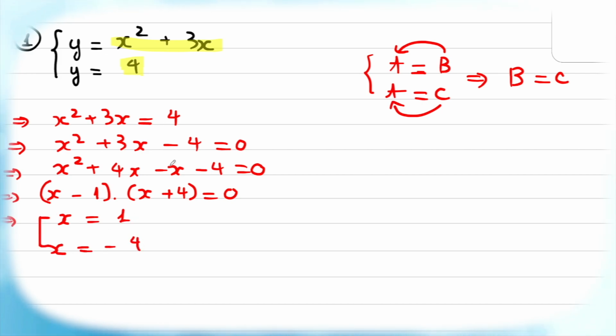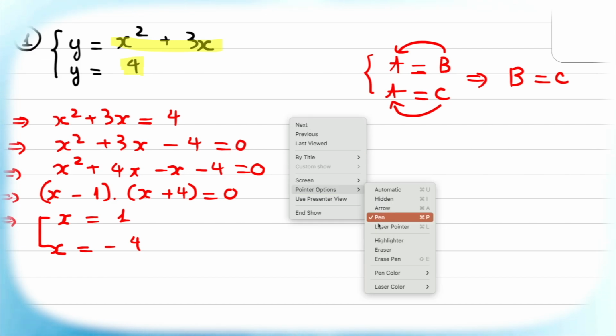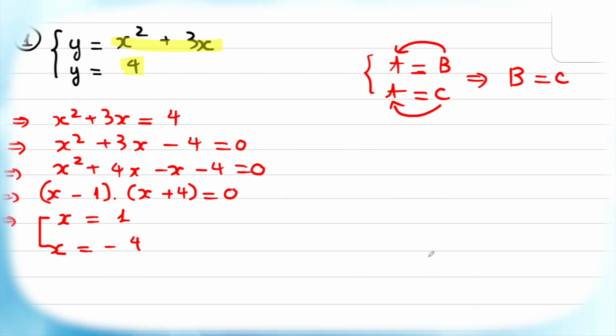But we have not finished this question, because it asks about the point, the values of x and y. When you get x, you have to write down the corresponding value of y.